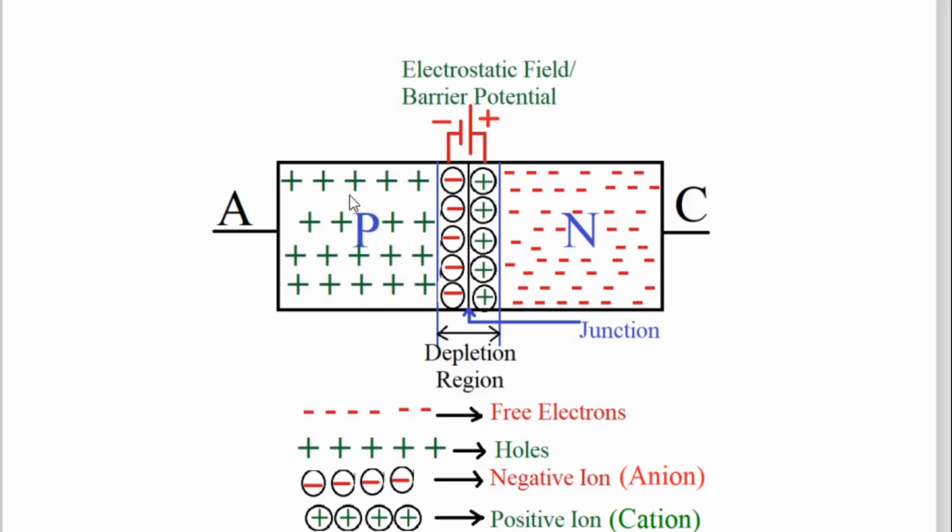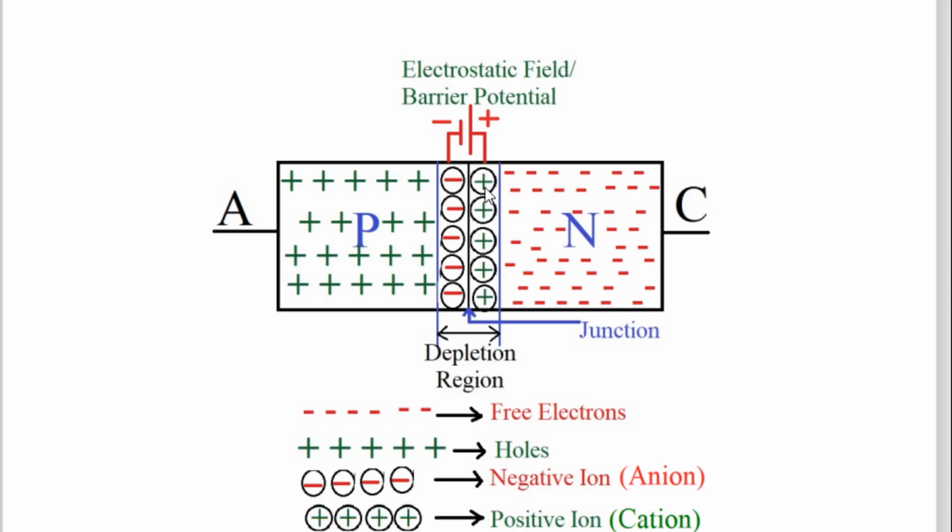Therefore, very close to the junction, look at this vertical line, it is the junction, very close to the junction on the right-hand side, the electrons will migrate to the left-hand side. And why are the electrons migrating? Because there is a vacancy of electron, that is a hole.